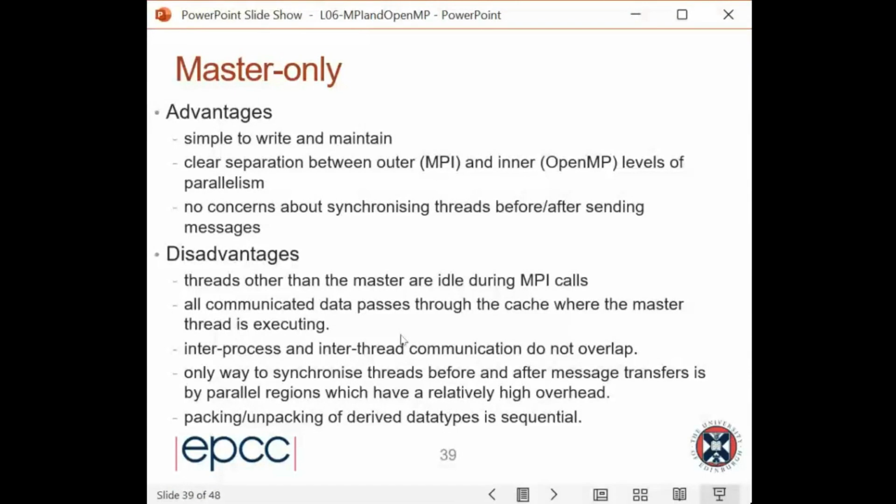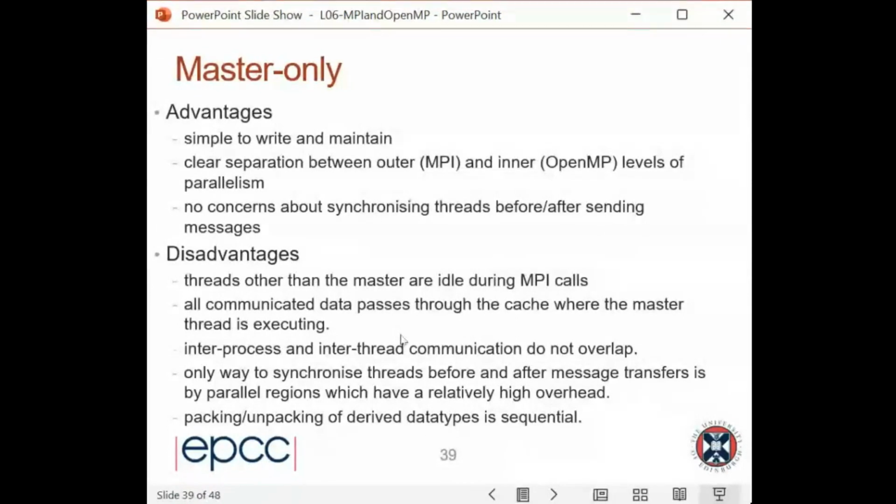So what happens when you run a good OpenMP program is each thread is running on a different CPU core, and the data which each thread is processing tends to reside in the cache of the CPU core on which that thread is executing. So most of the time when you request data, it is already in the cache that you need. And so the program ticks along at quite a nice speed.